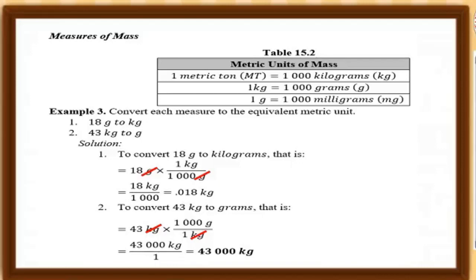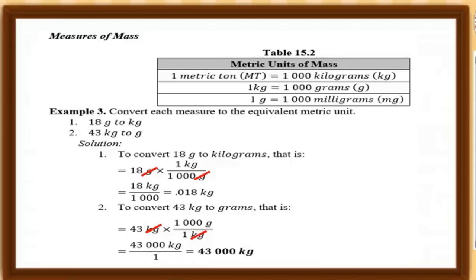So 18 gram, to convert to kilogram. To convert 18 gram to kilogram, we're going to multiply 18 gram by 1 kilogram over 1,000 gram. Therefore, we can cancel the gram unit. So 18 times 1 kilogram over 1,000 is equal to 0.018 kilogram.